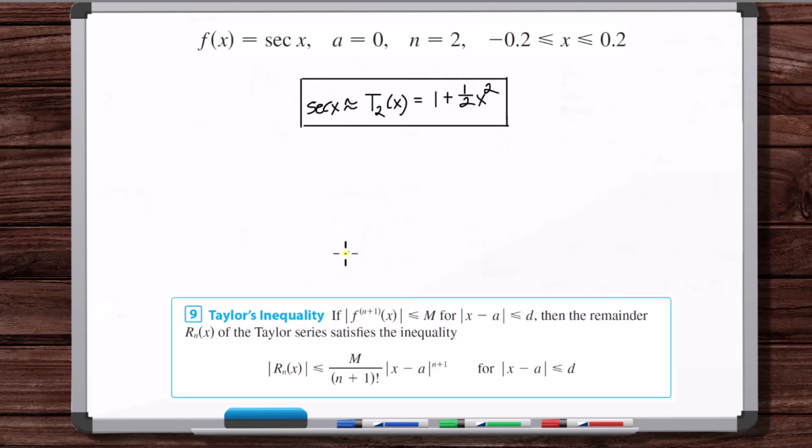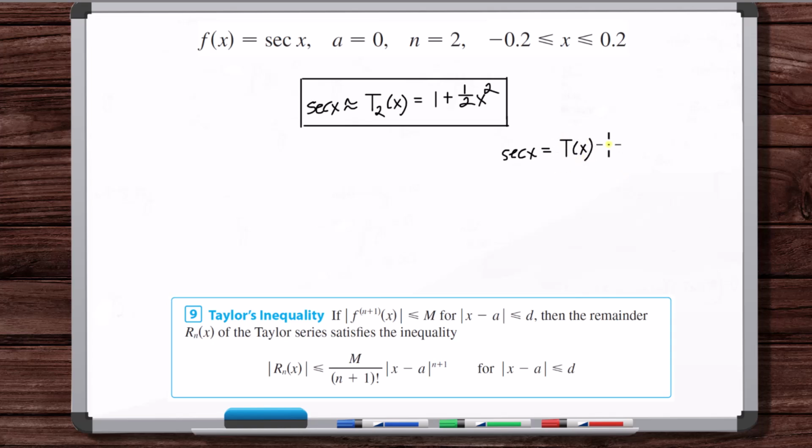So there's Taylor's inequality, and what we're doing here is we've got the function is equal to the infinite Taylor series, right?